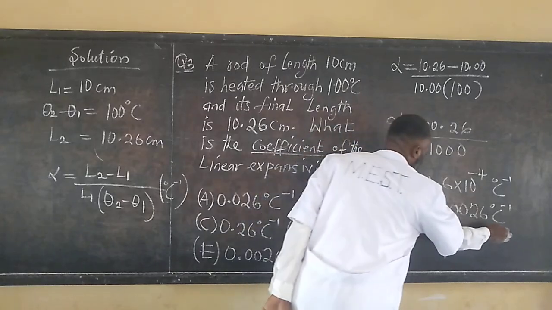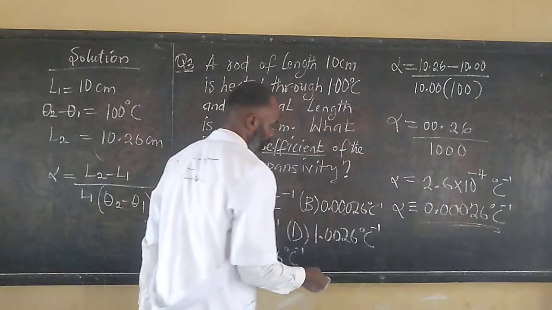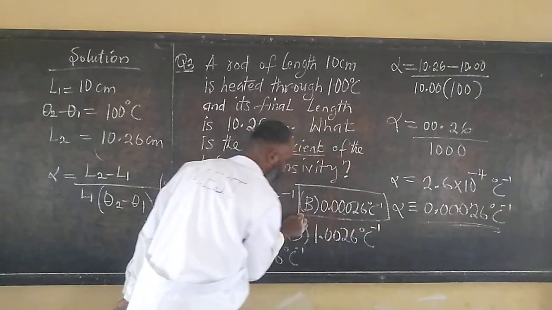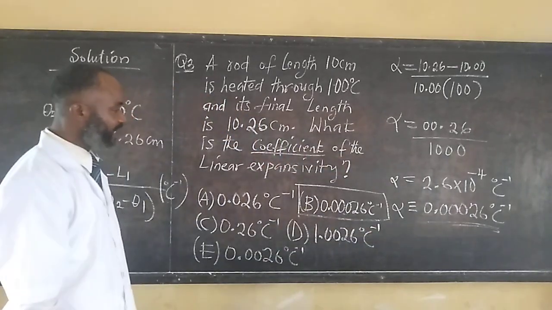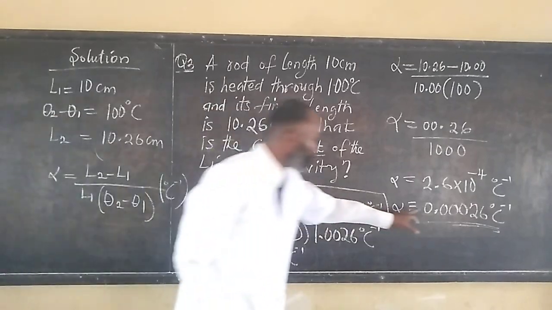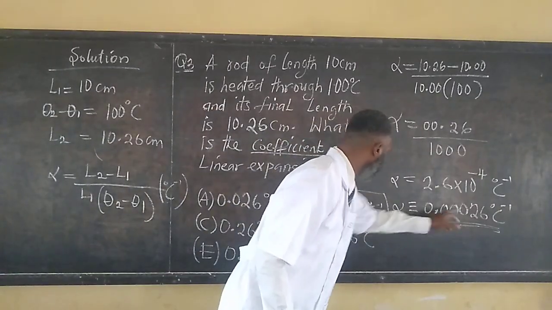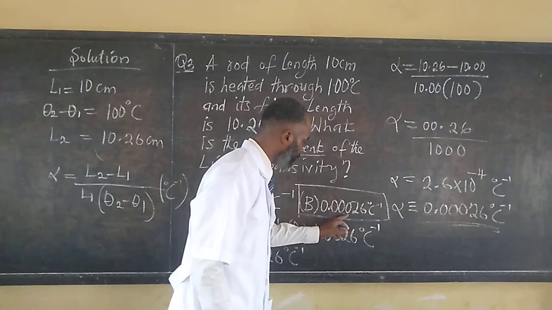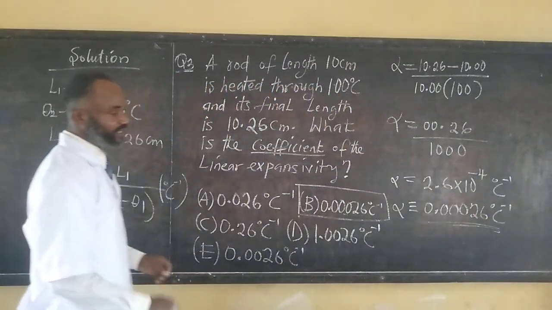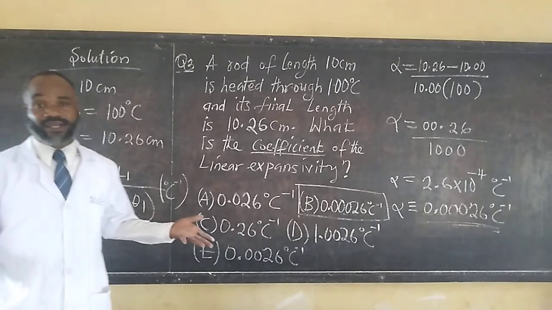And that corresponds with this. So the suitable option here is option B. Option B is the correct option based on what we have. So that is it, solved.